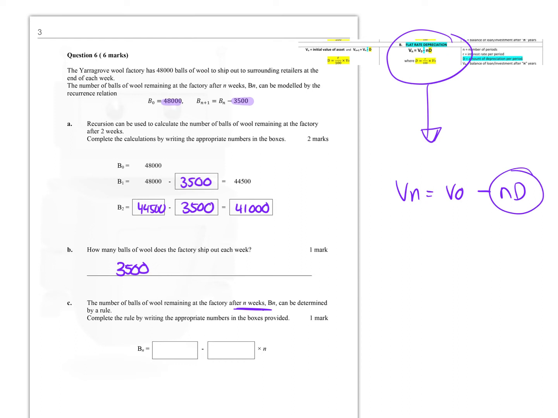So you know you've got this type of formula. If we're writing the nth term, we have to substitute in what V0 is in here. So what was V0? 48,000. And then we can see, yep, we have n times what the D is. So what's got to go in here? Yep, and there's that answered for you.